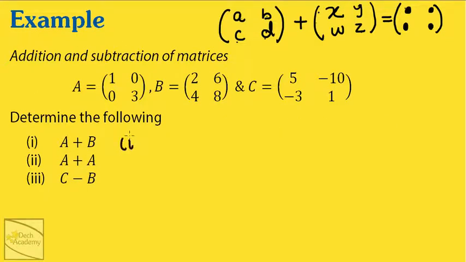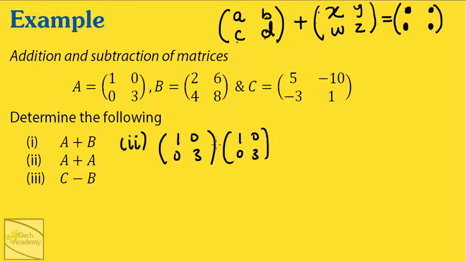Case 2, we're required to add matrix A to matrix A. There are two ways to do this. You can say A plus A is 2A, or you can actually carry out the addition process as I just did in part 1. So matrix A plus matrix A gives 1 plus 1, which is 2, 0 plus 0, 0 plus 0, 3 plus 3, which is 6.